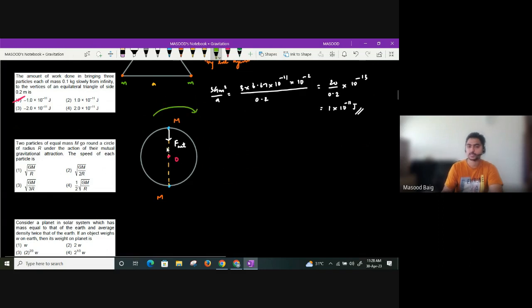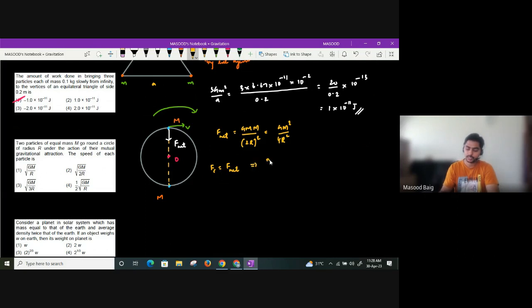How will you find speed at any point? Along the sense of rotation at the given point, we just draw a tangent. So what is the net force between the two masses? It will be G M M divided by the distance between them, 2r whole square, guys. So it will be Gm square divided by 4r square. This net force will provide the necessary centripetal force.